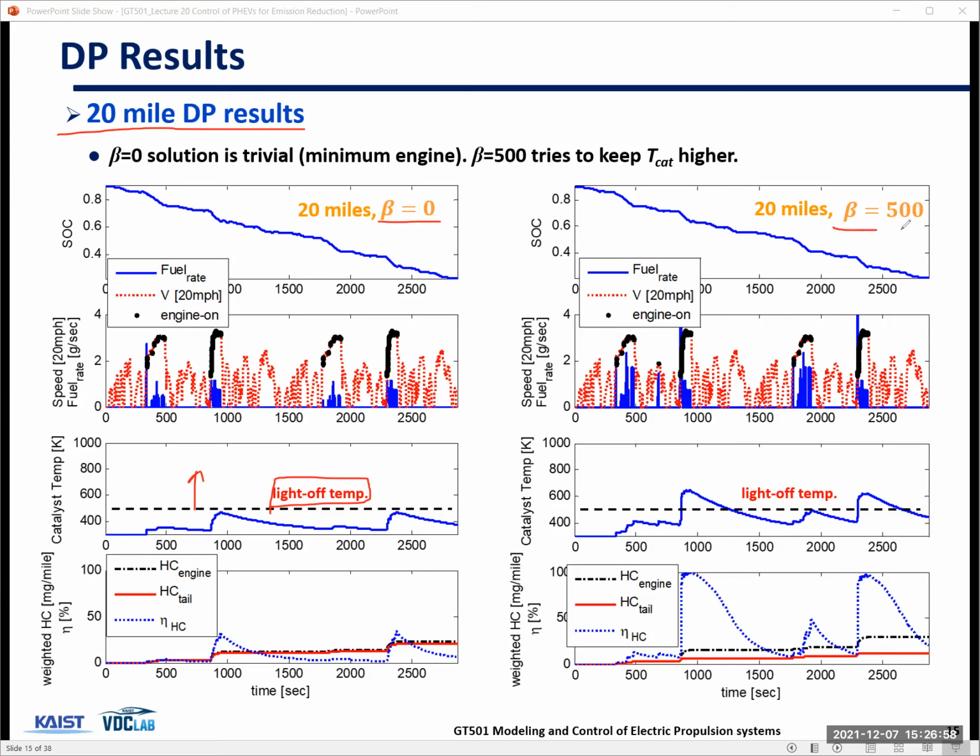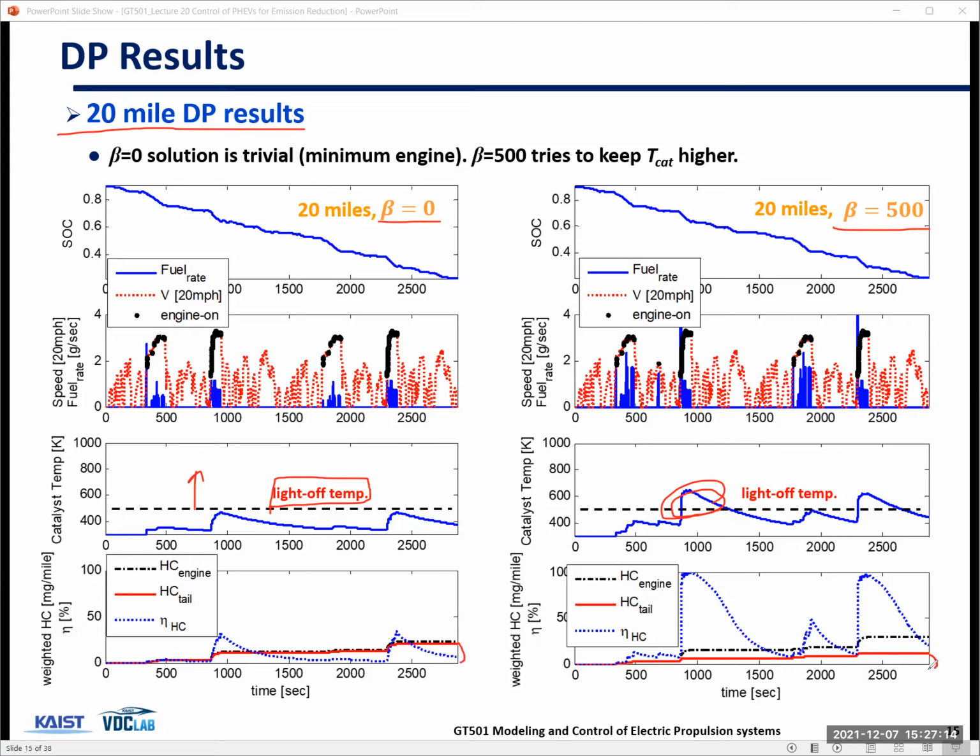But if you look at this beta equals 500 solution, the DP tries to maintain higher temperature, okay? So that total hydrocarbon is reduced because the converter is activated.